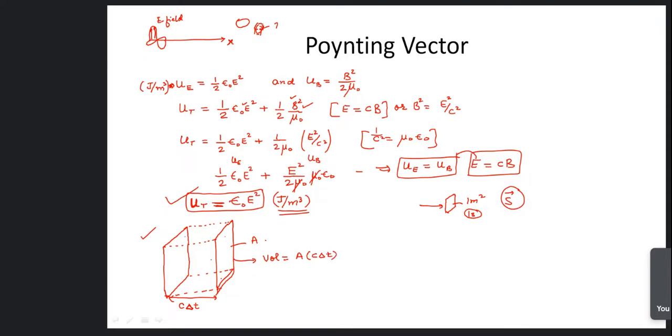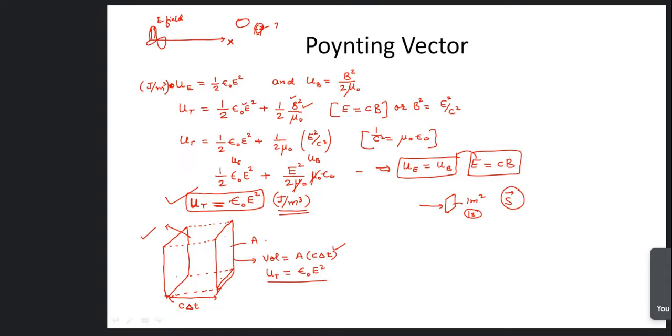And energy density is given to us, and we know the energy density associated with electromagnetic waves. Not with E alone, it is with the total. Let me write the total energy density with both the fields, E as well as B. I can write the total energy density as epsilon naught E square. This is energy per unit volume, and this is the volume between these two plates.